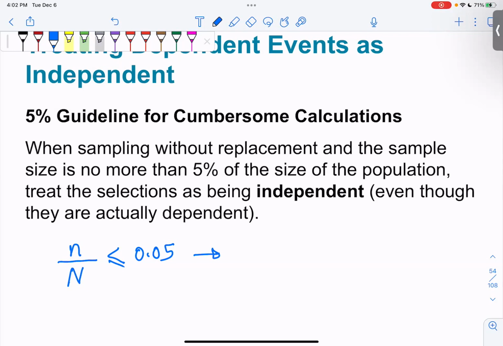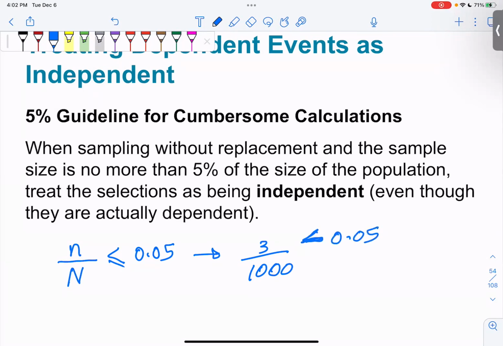Because imagine that you have 3 out of 1,000. This will be for sure less than 0.05.